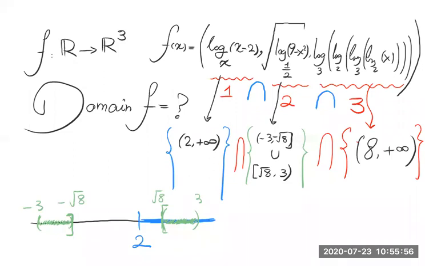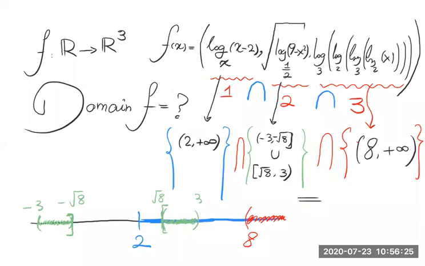We should continue this line. The last one says it should be from 8 to infinity. Any point x should be in the green area, and it should be in the blue area, and it should be in the red area. What is the intersection of red, green, and blue? Nothing.